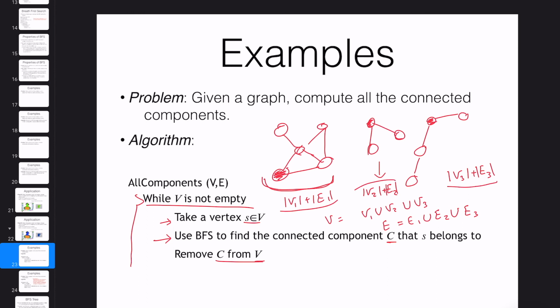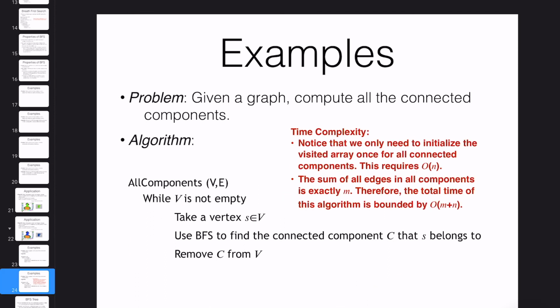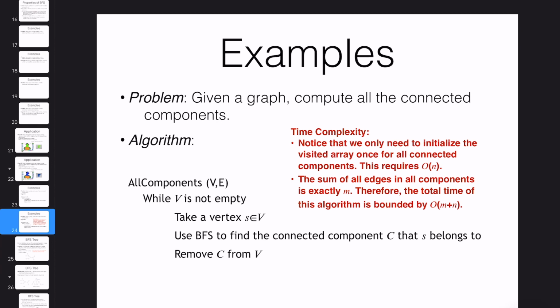So you can just write it as n plus m, the number of nodes and the number of edges. So this is going to be the total time complexity, which is equal to the time complexity of a full BFS if the graph was connected.